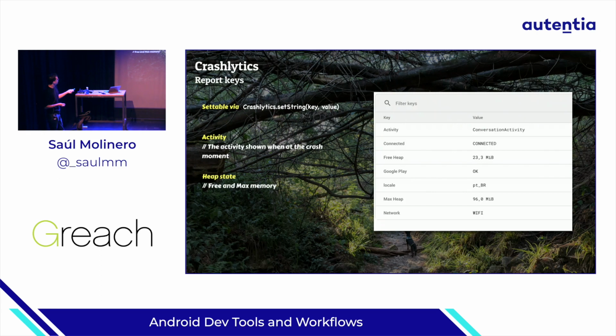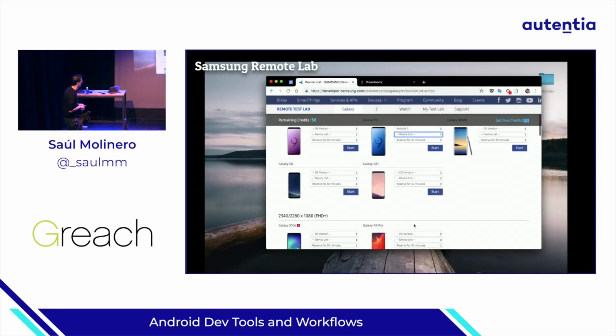But we record the activity that crashed when the report happens, and that means that we know where the issue is happening. We are sending the heap state, the memory, and some more things. We actually could add more keys, and we should. And this is a nice way to have some feedback from your application as well.